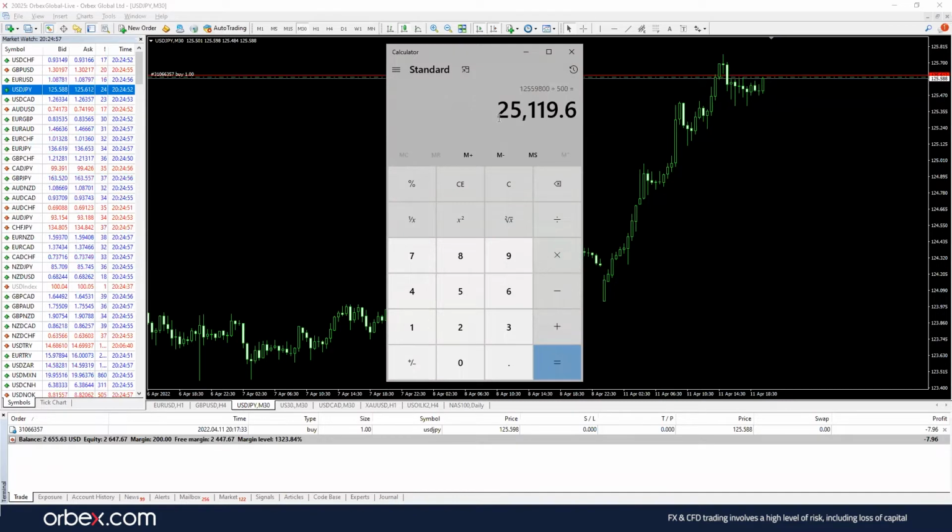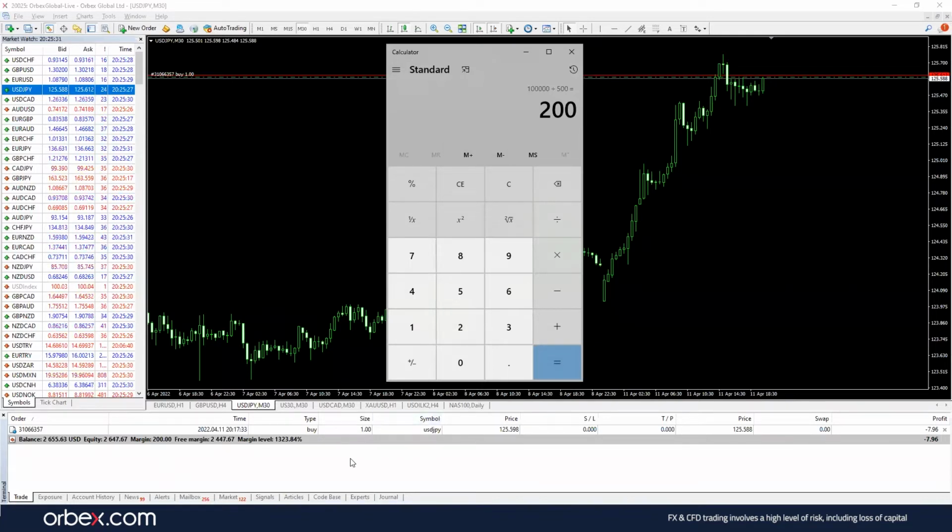And then we have to divide again by the dollar yen pair, because yen is not the same currency as the dollar, and my base currency here is dollar. So we have to always go back to the dollar with this. Theoretically, all we're doing is 100,000 notional value because of the one lot, divided by 500, and that's 200. So that's basically the calculation for margin for dollar yen if I want to open one lot. Just something to keep an eye out for as well.